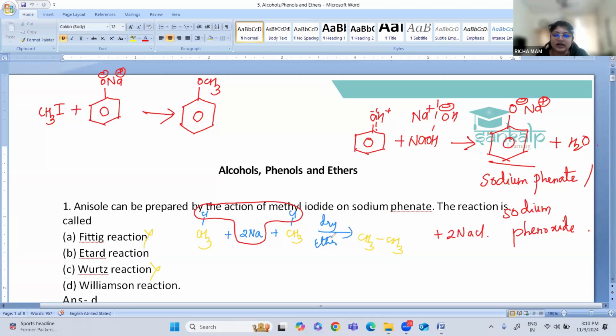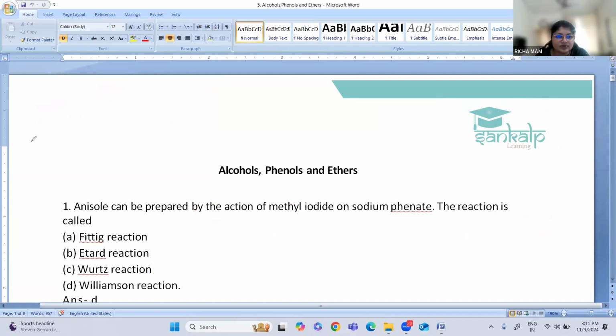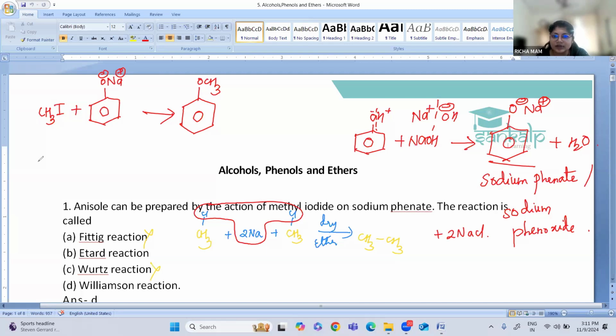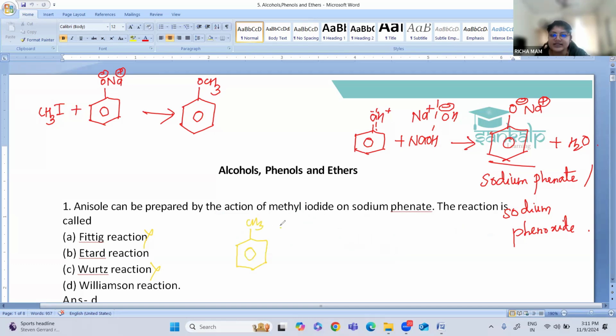Suppose I clear this. This is CH3. What is the name? Toluene.